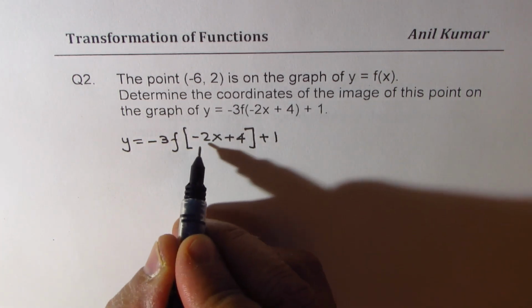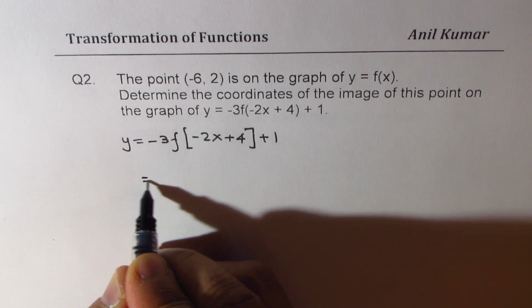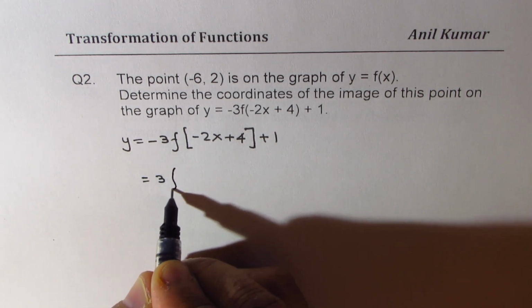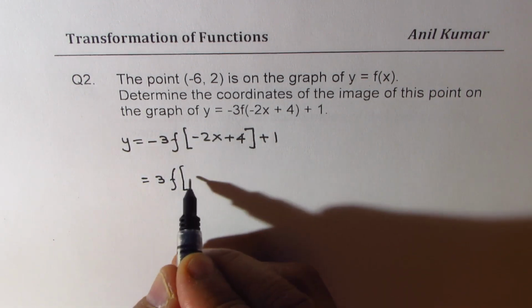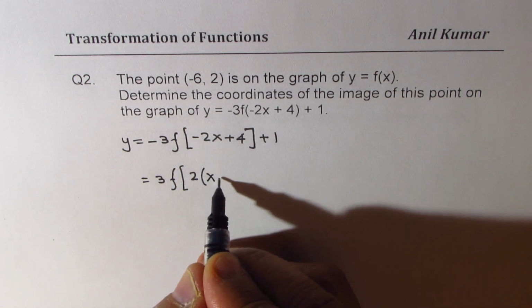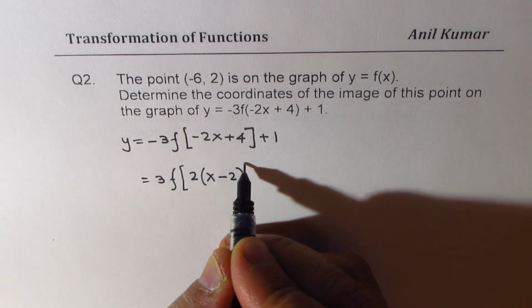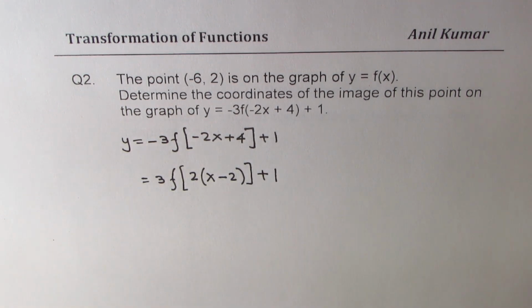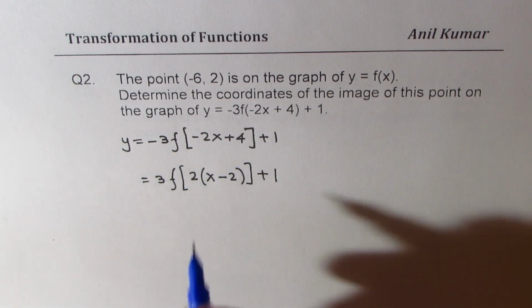You need to factor -2. If you don't do that, you will make a mistake, right? So factor -2, and x + 4 divided by -2 gives x + 2. So y = -3f[-2(x + 2)] + 1. And now we are in a position to write the transformation.